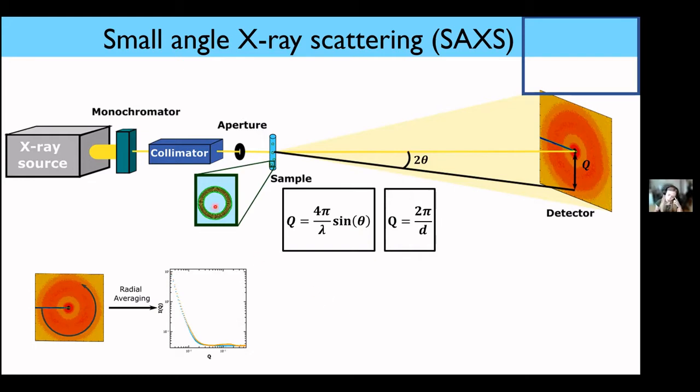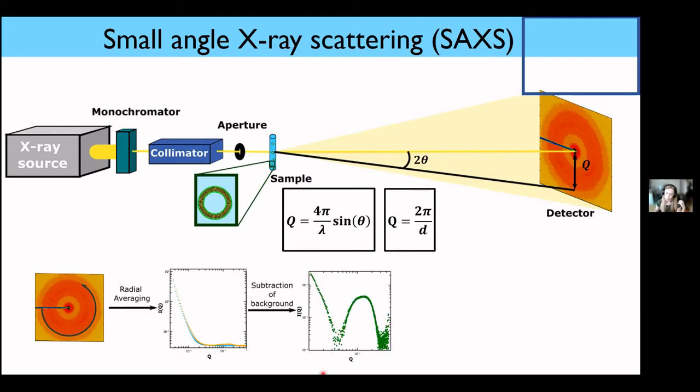Importantly, when we do solution X-ray scattering, such as here, we also measure the solvent that we are using to solvate our sample, so that we can subtract the scattering from just the solvent from that of the solution.